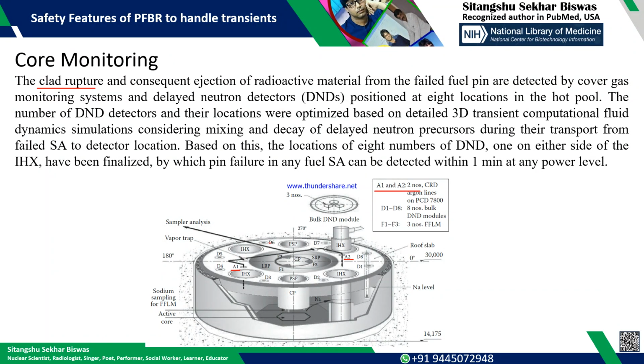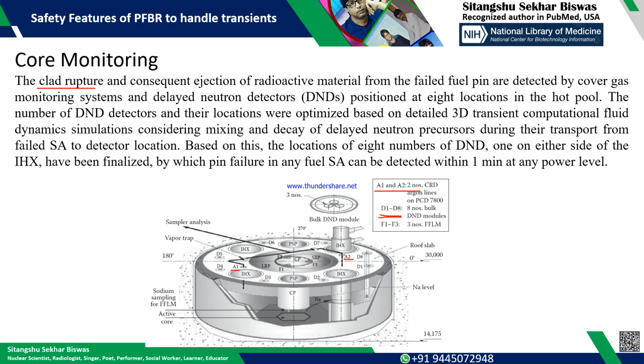This picture shows the position of all the sensors and the sampling ports. You see here D1 to D8, these are the 8 delayed neutron detector modules, and there are 3 failed fuel localization modules.